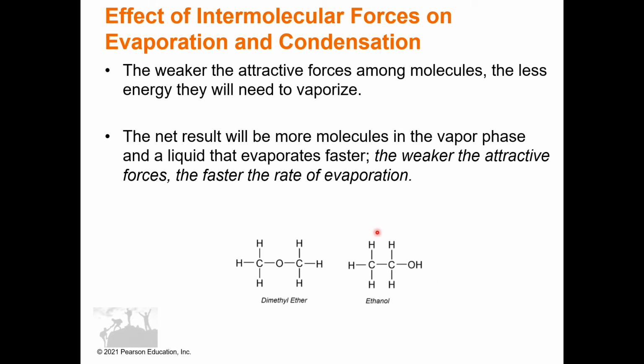Ethanol is the one that has hydrogen bonding, which is stronger than dipole-dipole and dispersion forces. Dimethyl ether only has those two. It does not have hydrogen bonding. So because of that, dimethyl ether will have the lower boiling point, and so it'll have the faster rate of evaporation.